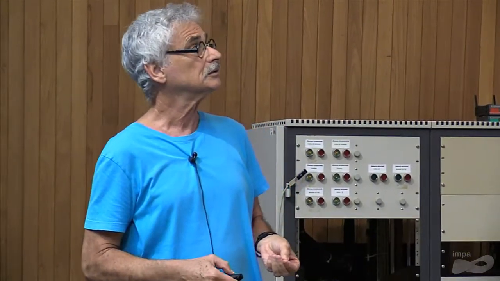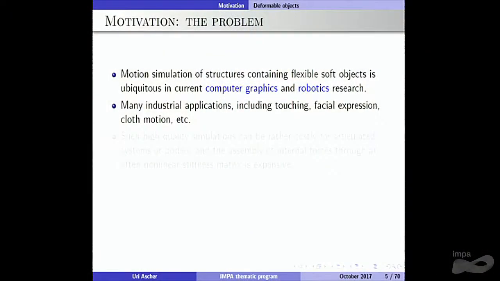And also, for many computer graphics applications, you need to simulate, I don't know, a sizzling steak, the motion of a pillow when you lay your head on it, and so on and so forth. All of those are, in fact, deformable bodies, and it's important to simulate them and also to calibrate them, as I will discuss in a minute.